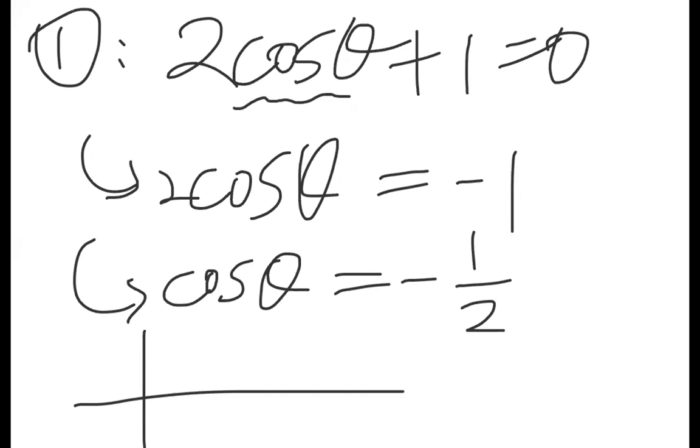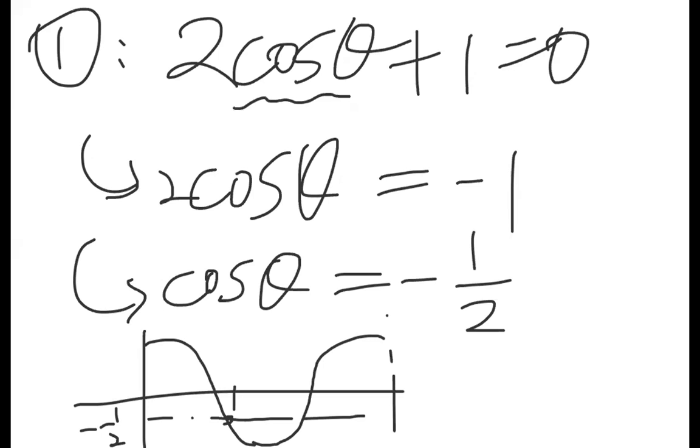Now, by the graph of cosine theta, you find the intersection with minus 1/2, and then you can find out that there are 2 solutions here. One of them, I can't do it off the top of my head.